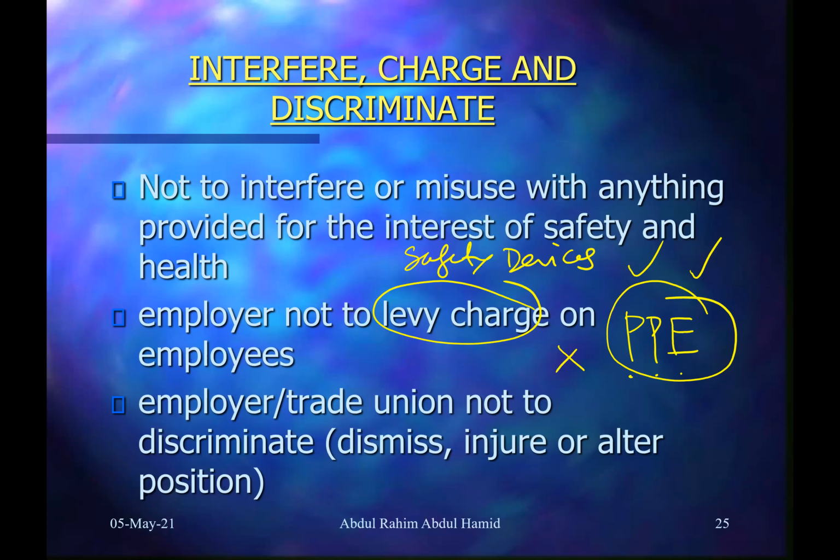The third item here is about, for instance, if you as an employee report to the authority, perhaps because your employer does not provide you PPE. That could be one thing.